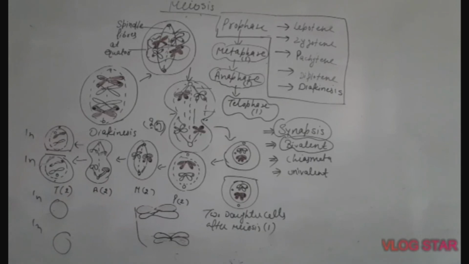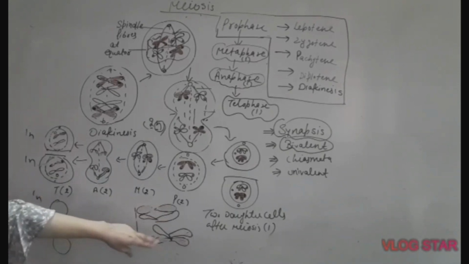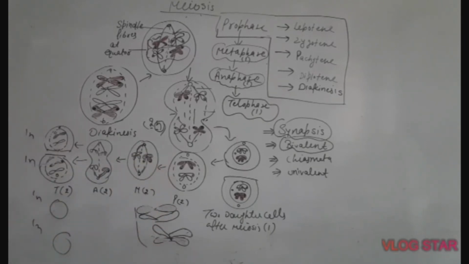What is chiasmata? These bivalents unite to each other because of some nucleoprotein complex. After some time this nucleoprotein complex, which unites and forms pairs, begins to dissolve. Due to dissolving of the nucleoprotein complex, they get separated and remain partially connected. So you can say partially connected chromosomes are chiasmata.